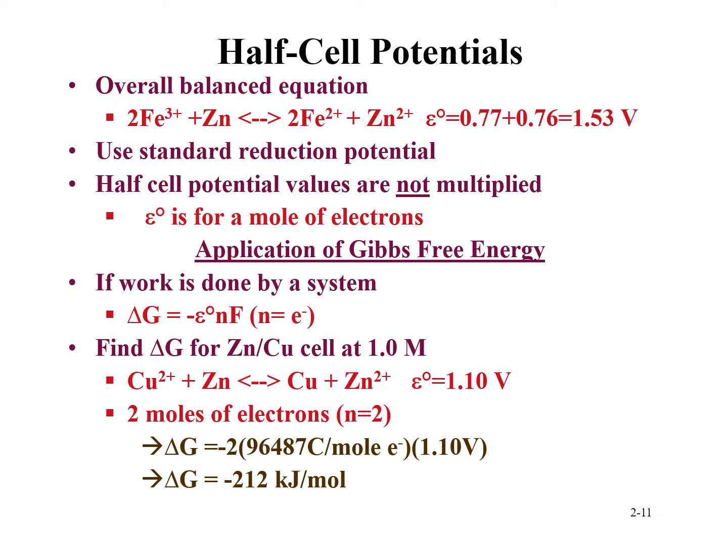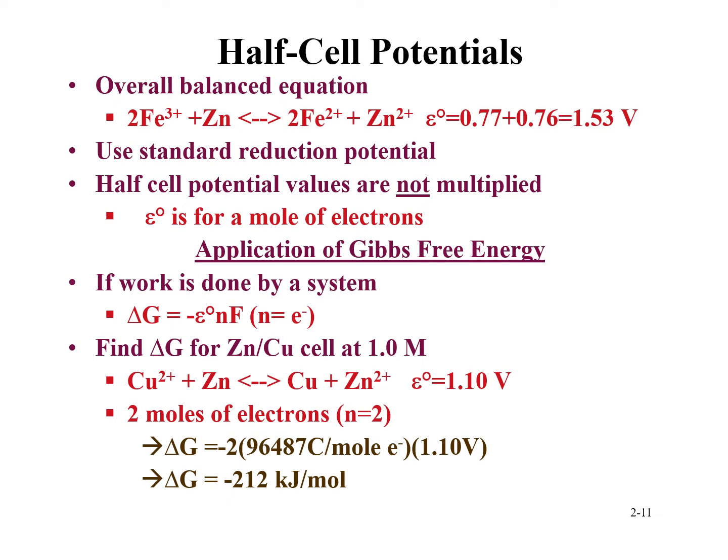Now, if we do have the standard potential, we can actually use that to evaluate the Gibbs free energy of a system through this equation, where the Gibbs free energy is equal to the negative of the potential times the number of electrons times the Faraday constant. And again, if we find the Gibbs free energy, we can actually find the equilibrium constant from the equation that we discussed earlier.